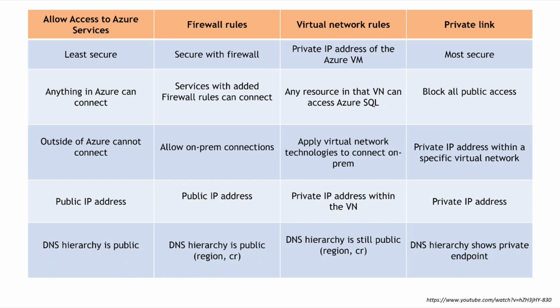Let's talk about the most secure one, which is the private link. Here, the first thing, once you create the private endpoint, the internet access will be gone, and you will be getting a private link, the private IP address for your Azure SQL database.